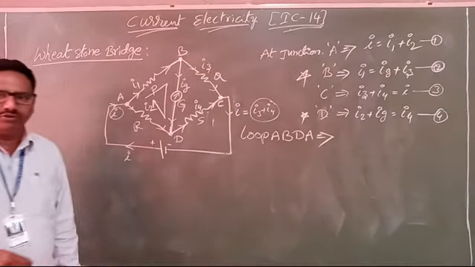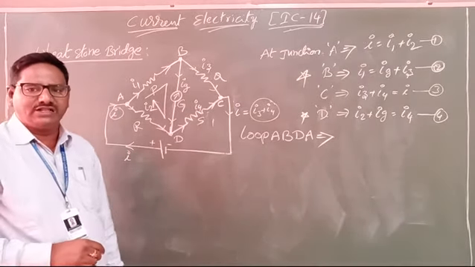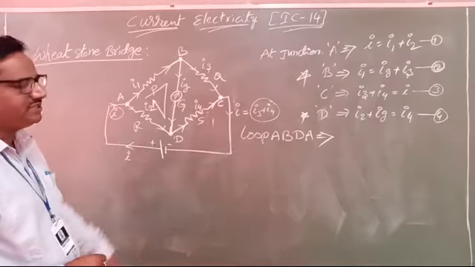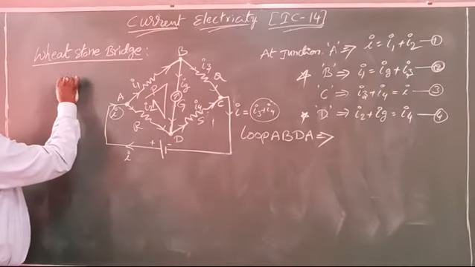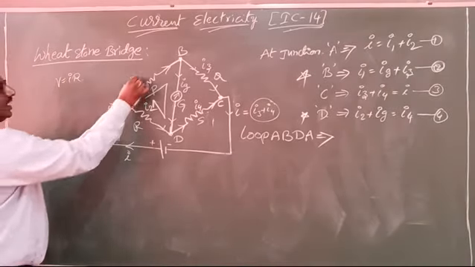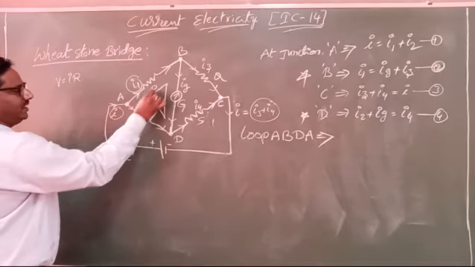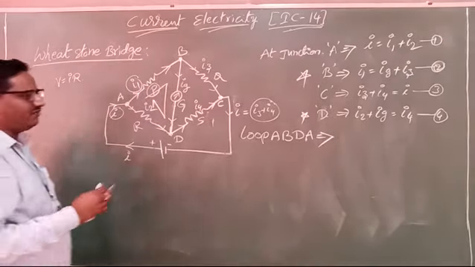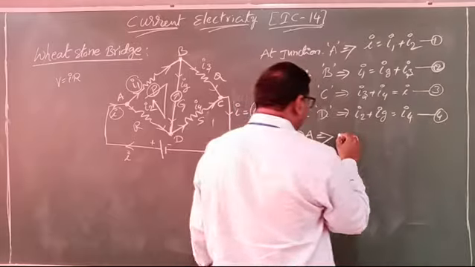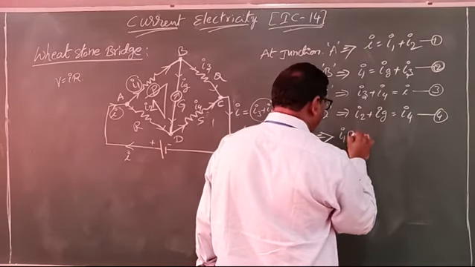This is a closed loop. In a closed loop, we take the algebraic sum of potentials. Potential V is nothing but IR. Here the current is I1 and the resistance is P. So the first potential is I1P.